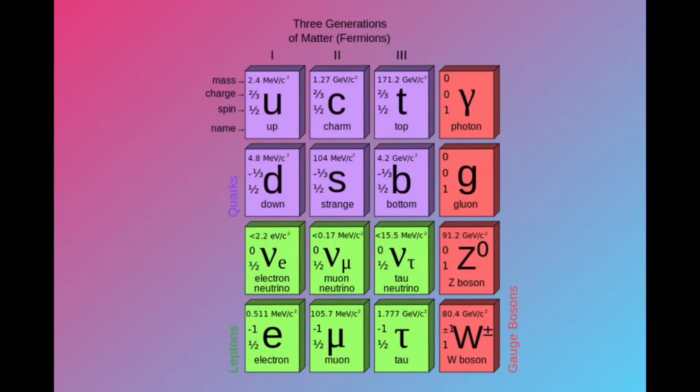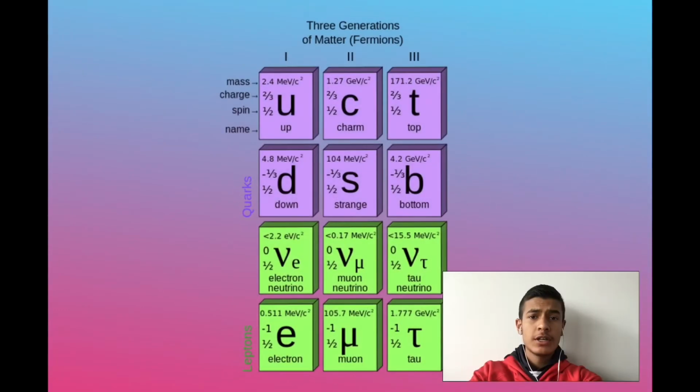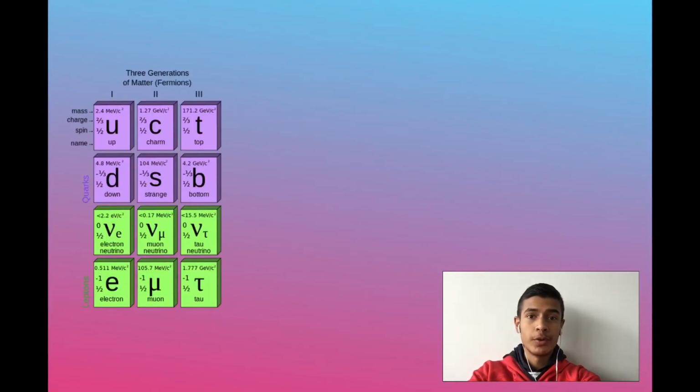It contains two classes of particles, which I'll talk about in detail later on. But in this video, we'll be talking about the fermions, or the matter-making particles. Keep this diagram of the fermions in your mind, because this is essentially what we're going to be using throughout this entire tutorial.